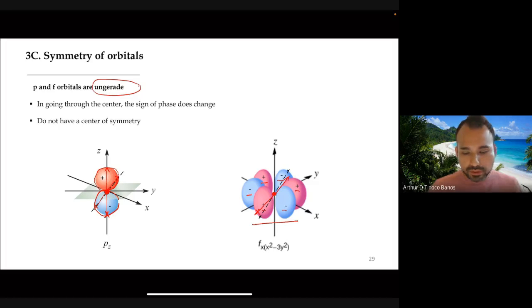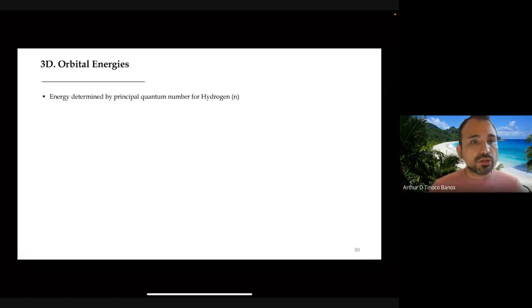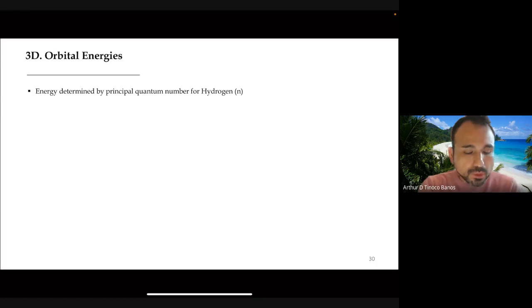Let's look at this all together then. When we're focusing on orbital energies, the energy is determined by the principal quantum number n for hydrogen. But for all other elements, the summation of n and l helps to define the relative orbital energies.